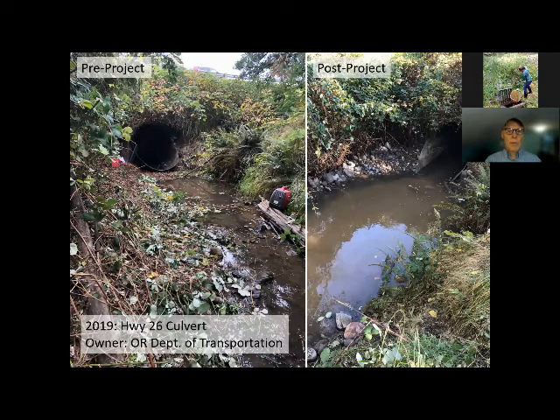If we had tried to replace this culvert, it probably would have been a $5 million project. This ended up being a $200,000 project, so much, much cheaper. A large part of this project was creating an engineered riffle. If you look at this picture on the left, you can see that there's a drop at the edge of the culvert. And on the right-hand side, you see that the water is now backed up.